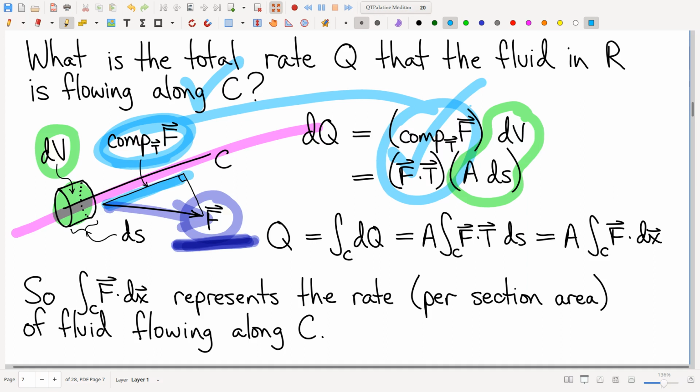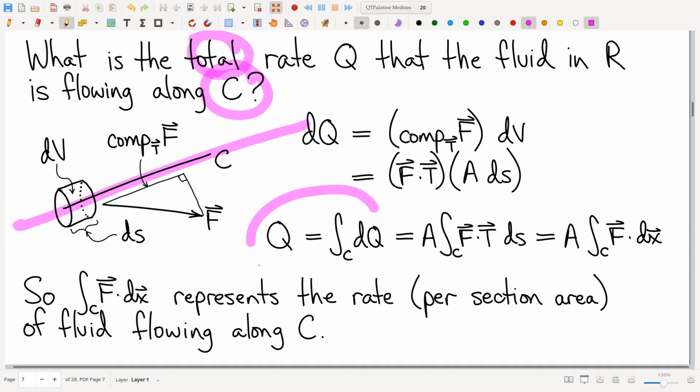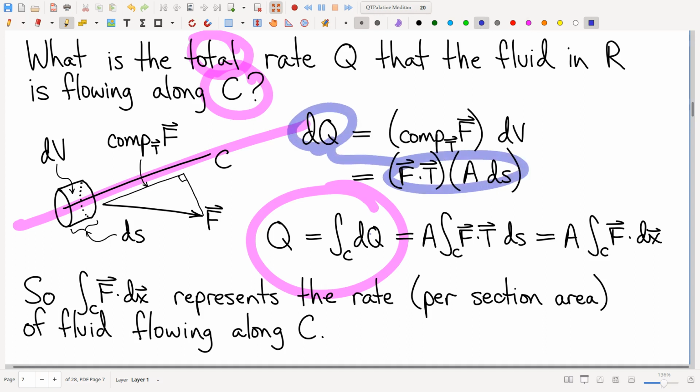Alrighty. All right, so we're kind of done. I mean, not quite, but it's all over but the shouting, because we want the total along the whole curve. So we're just going to add up these little pieces, this quantity that I'm interested in, this dq, little pieces of the fluid and the extent to which those flow along the curve.